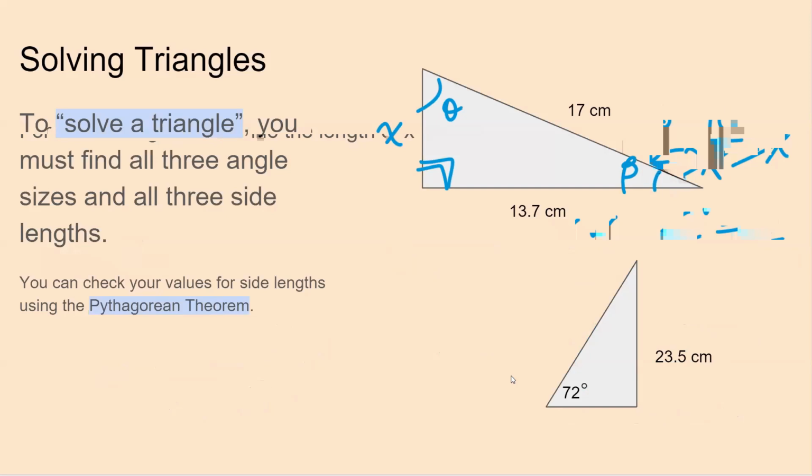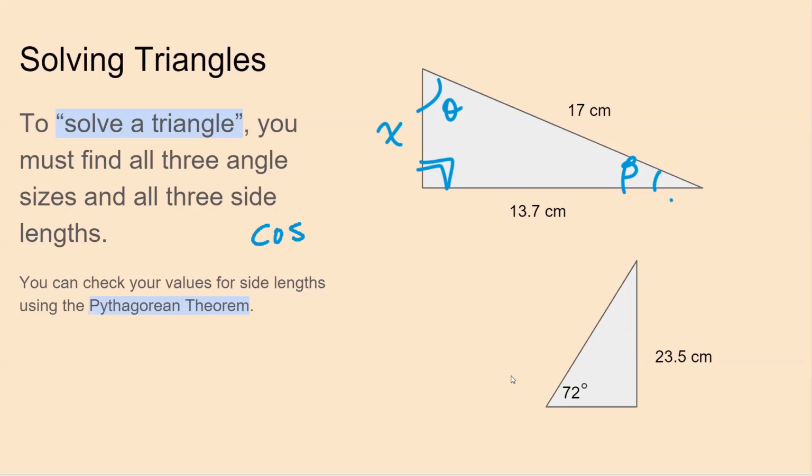Let's start. Let's just start with beta, just for fun. If we look at angle beta, we can see that the two values that were given to us are the adjacent and the hypotenuse of angle beta. So what we can do is just use the cosine ratio. The cosine of beta is equal to 13.7 centimeters over 17 centimeters.